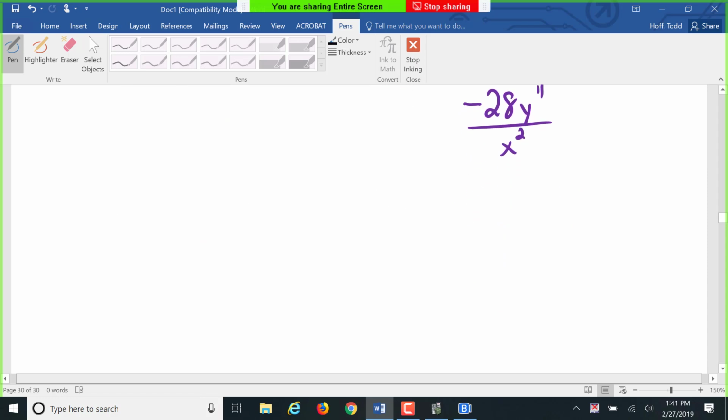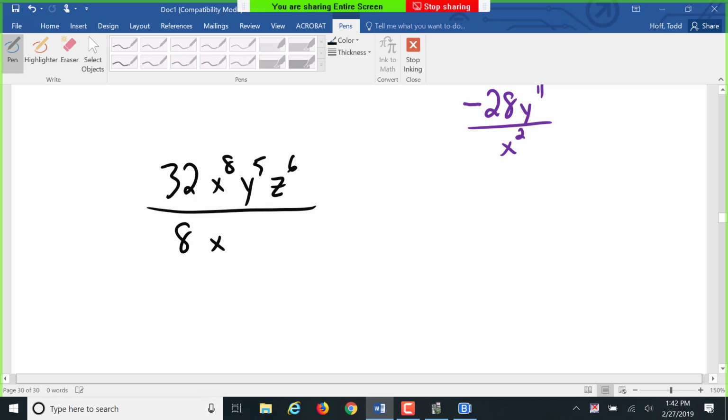If we divided 32x to the 8th, y to the 5th, z to the 6th, divided by 8, x to the 4th, y, z to the 5th. We combine the counts. What's 32 divided by 8? 4.